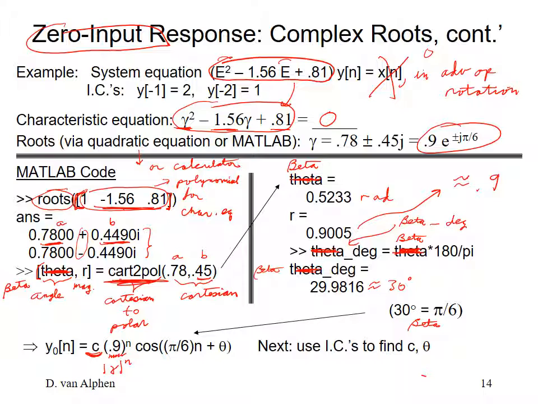And then this is cosine of beta n plus theta. So the things that we don't know right now are this constant c and this angle theta. By the way, that's again why I changed the name of the angle up here to beta, so I'm trying to be clear that it's two different numbers.